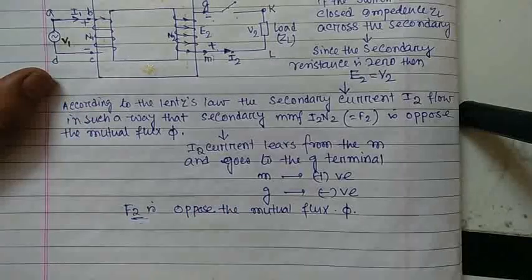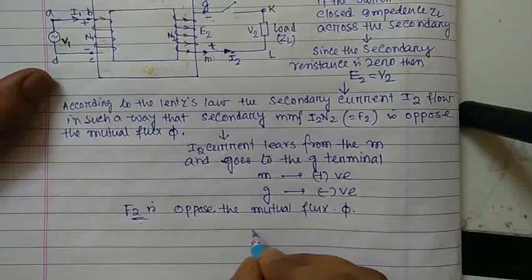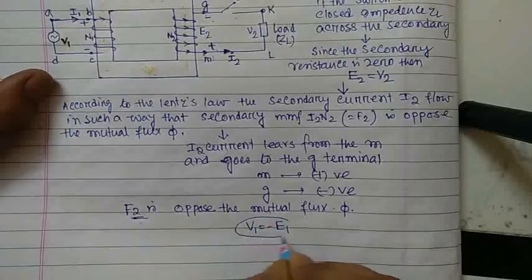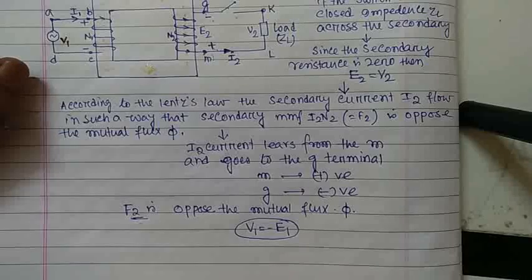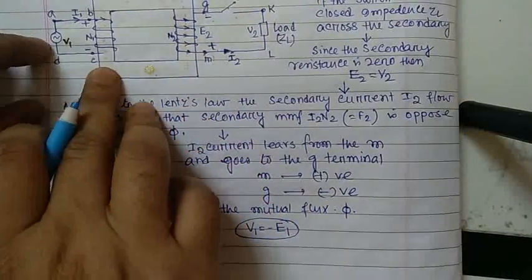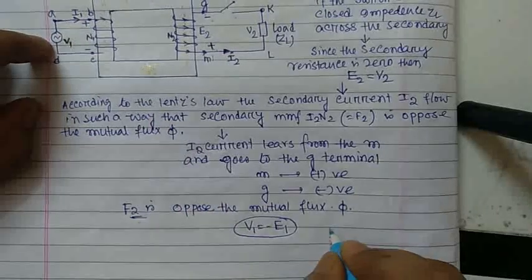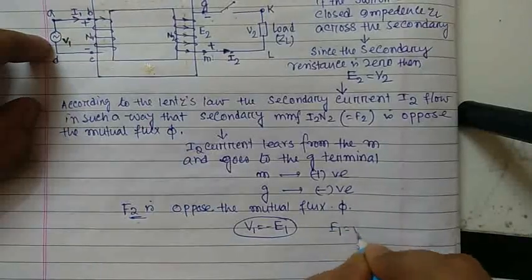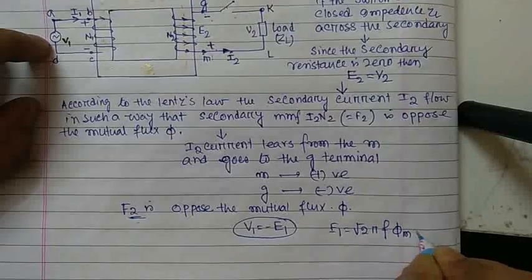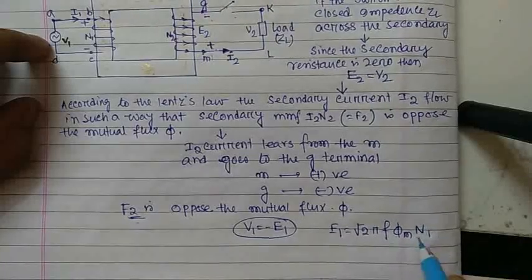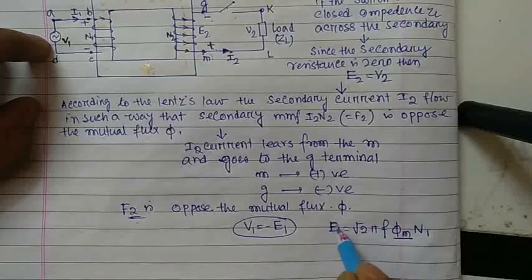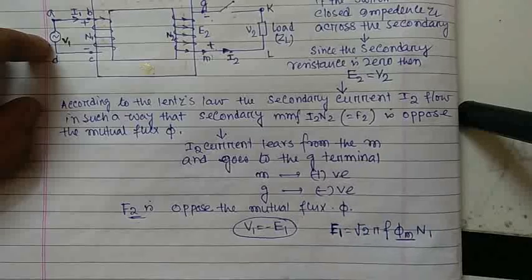As we know, in an ideal transformer V1 equals minus E1. Again, any reduction of flux would reduce E1. We know that E1 equals root 2 pi f phi max N1, so reduction of flux means reduction of induced EMF E1.